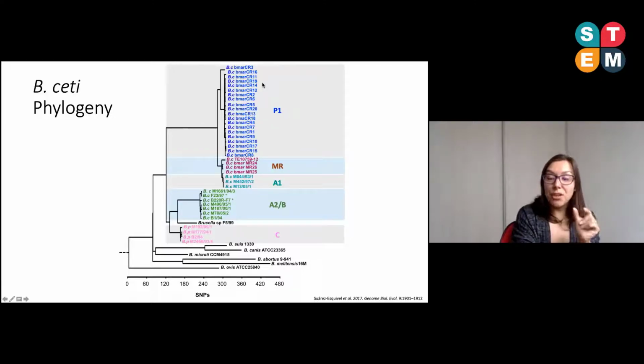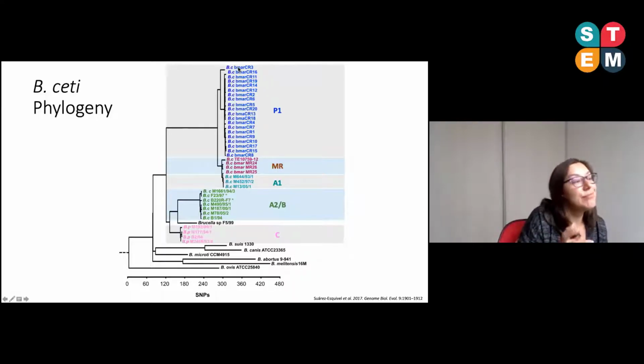So in that very small amount of difference that comes from the 4 or 3% difference, you can see that Brucella ceti from the Pacific, and also most of them coming from Stenella coeruleoalba, the striped dolphin, are clustering together, the same that we see from isolates from the Mediterranean and the Atlantic.